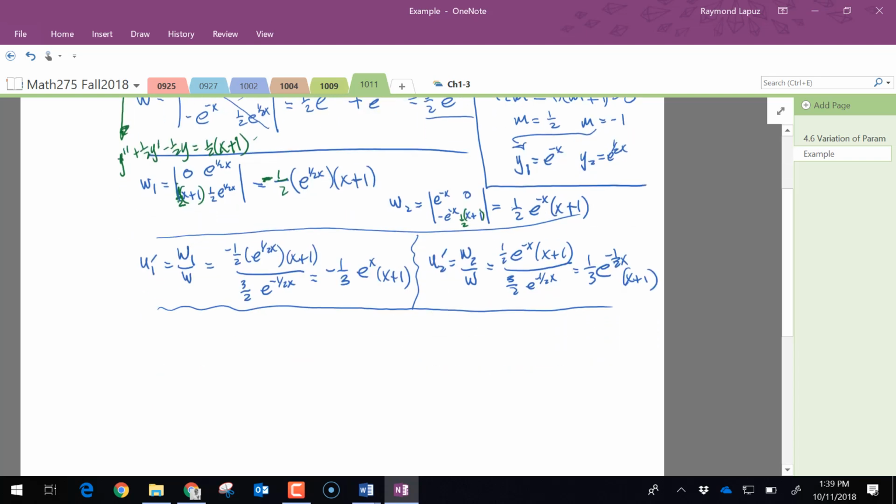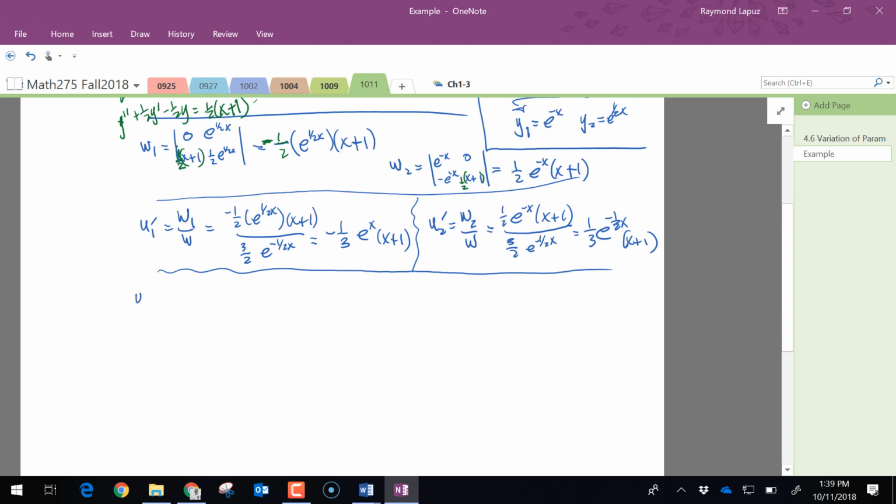Now we need to integrate to get our original functions. U1 is going to be the integral of negative 1/3 e to the x, x plus 1 dx. So integration by parts. Let's put this negative 1/3 out here.